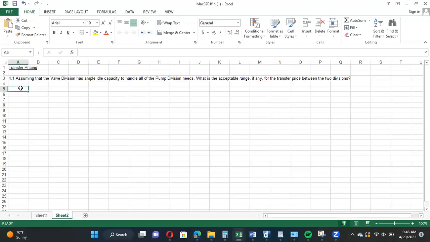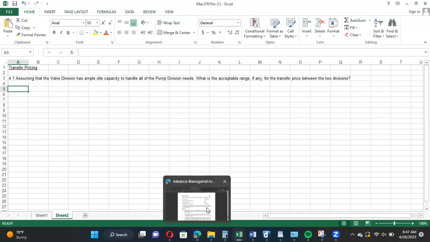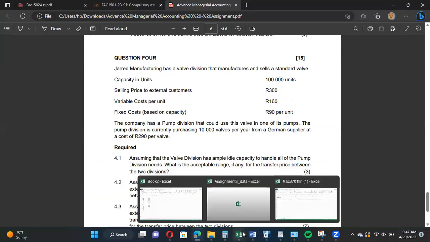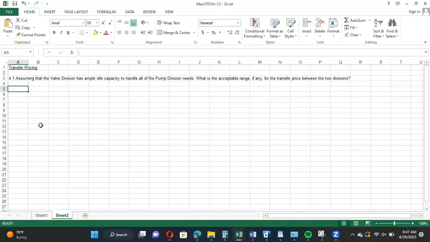So we are being fair. Okay, let's write it this way. We said our minimum price, which is our cost to manufacture, is 160 Rand. Which means the price should never go below 160 Rand, for the reason that I gave now: if it's below 160 Rand, then the division is losing.